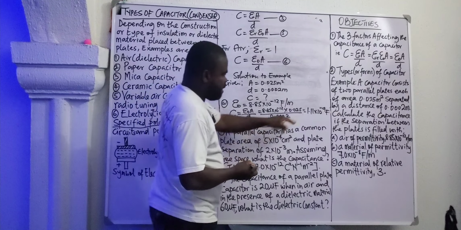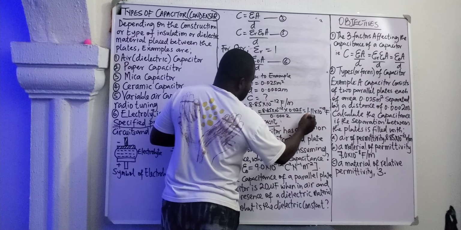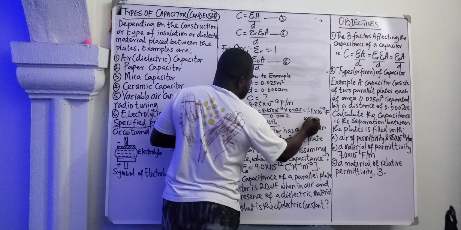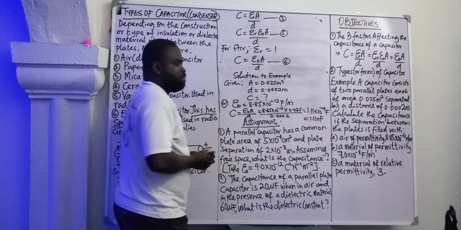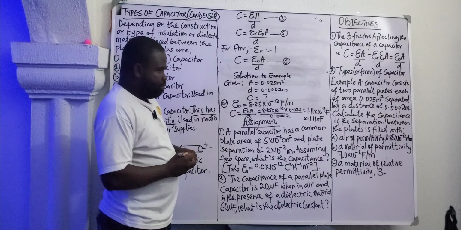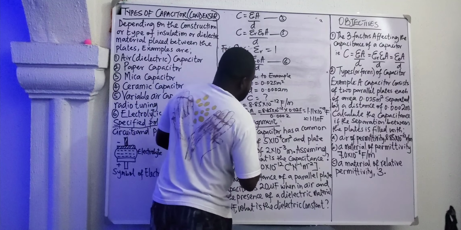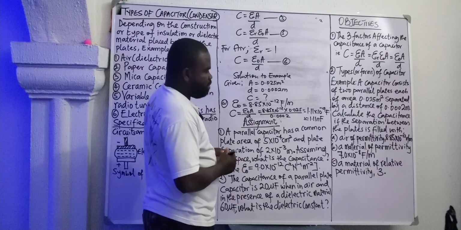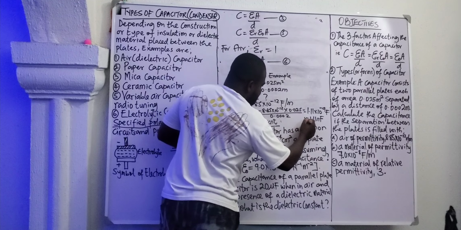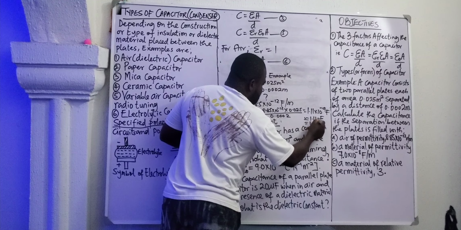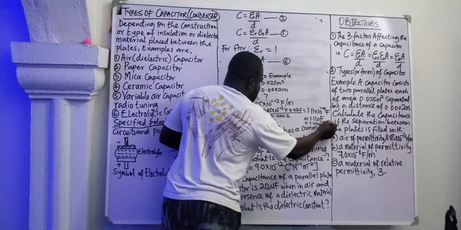Now, this unit, I can re-express it. 10 raised to the power minus 9 is actually nano, which means I can put it as 1.11 nanofarad. Do you get that? Nanofarad with small letter n. That is also acceptable. Then if I want it in microfarad, I will have it as 1.11 times 10 raised to the power minus 3 microfarad.